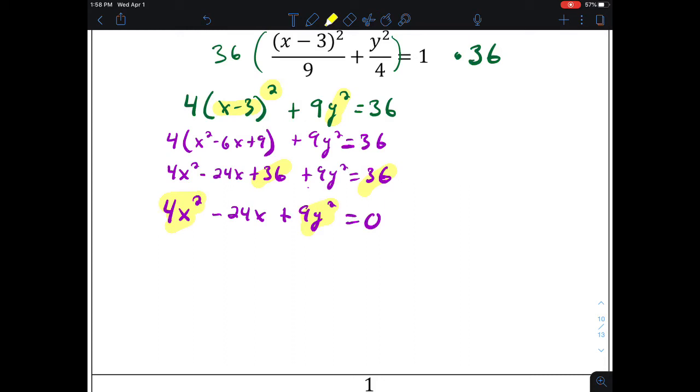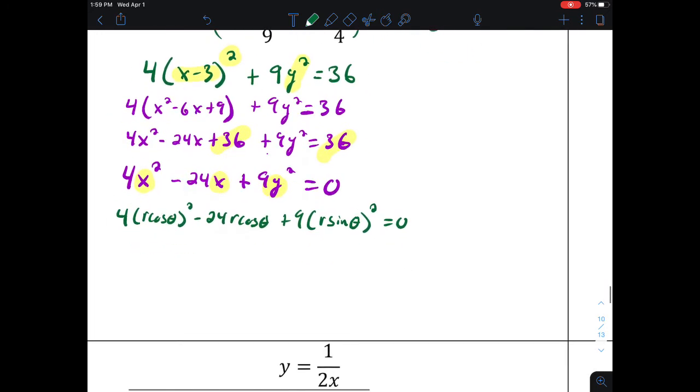So in fact, what we're going to have to do here is go right into replacing the x's and the y's with their conversion forms. So we would have 4 times (r cosine of theta) squared minus 24 r cosine of theta plus 9 times (r sine of theta) squared is equal to 0.